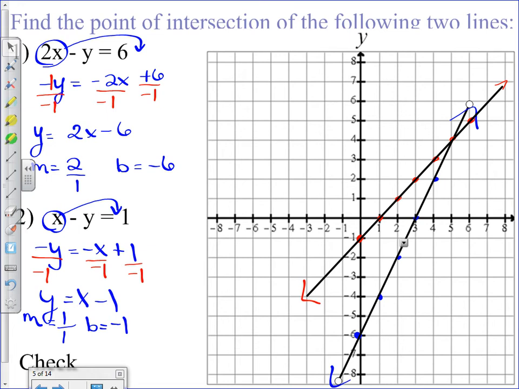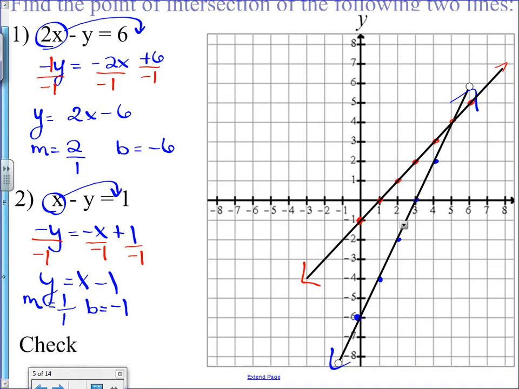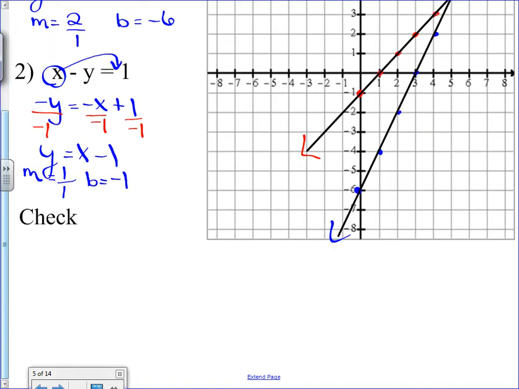Okay. Tiana, what's my point of intersection here? 5 and 4. So my point of intersection is 5, 4.